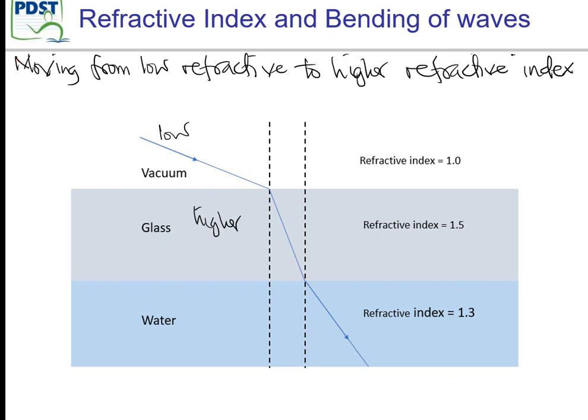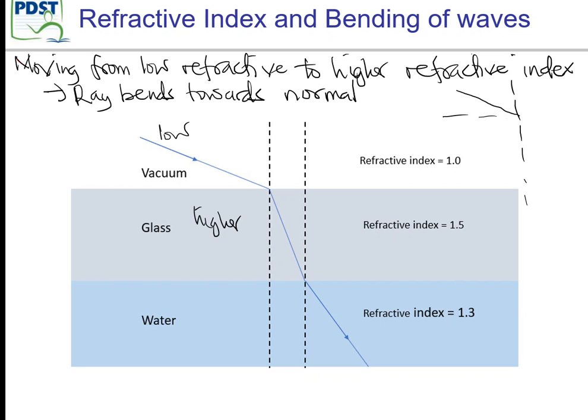Now, if you do that, the ray bends towards the normal. So if your normal is this one, and you are moving from low refractive index to higher refractive index, the ray will bend this way.